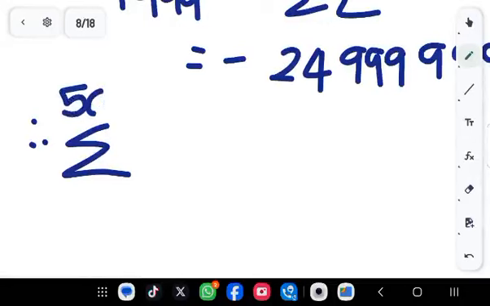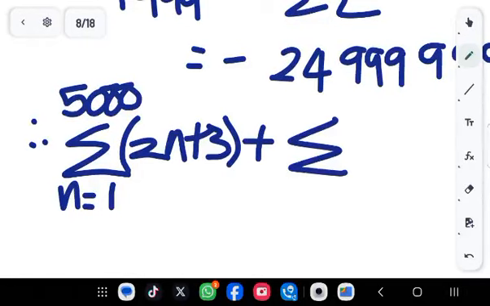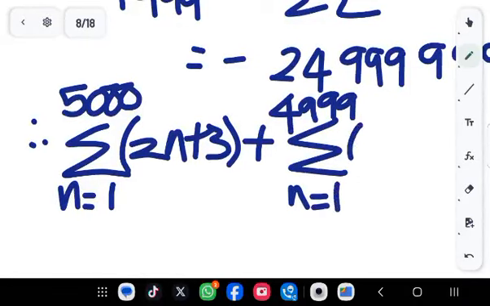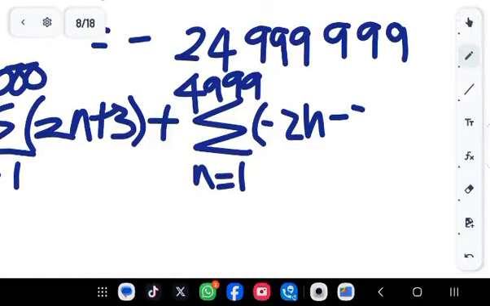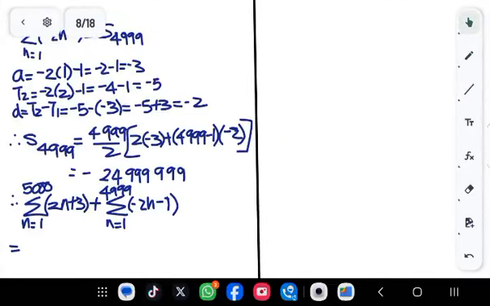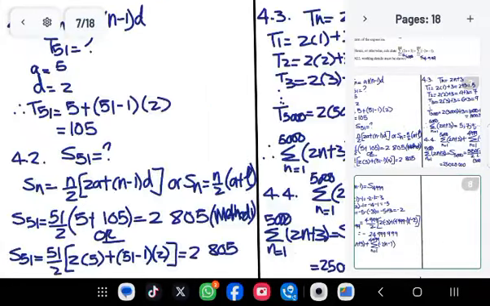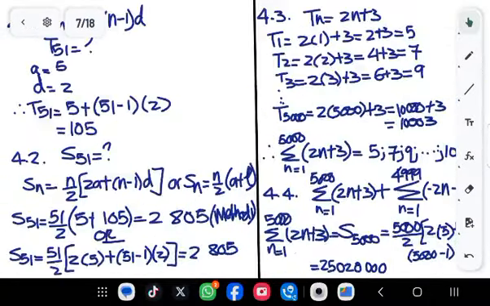So therefore, this sigma notation plus this sigma notation gives us this. The one we calculated, that is 25 million and 20,000.